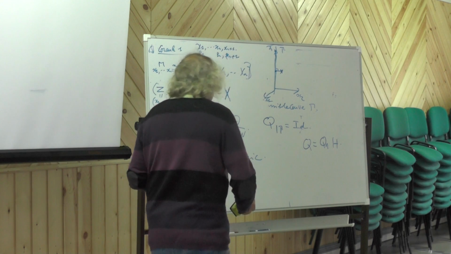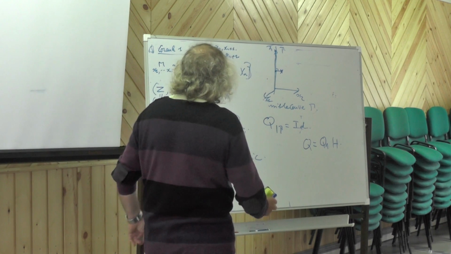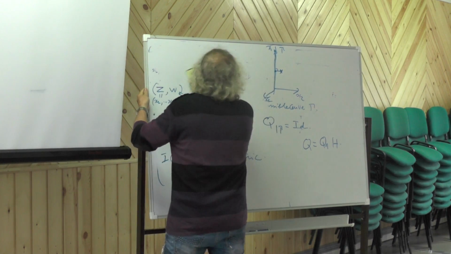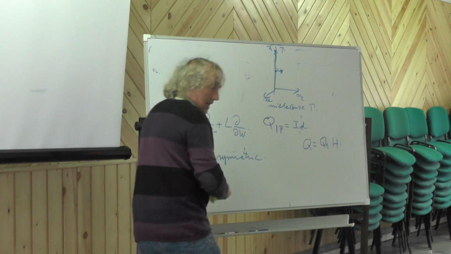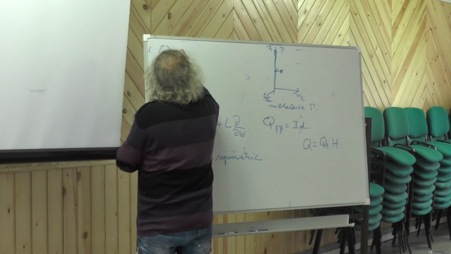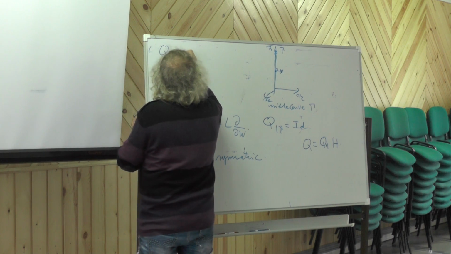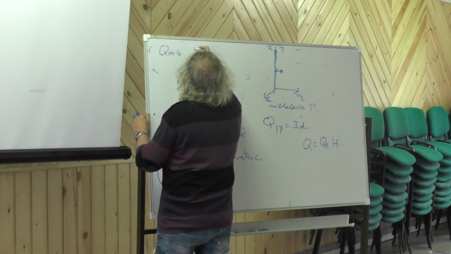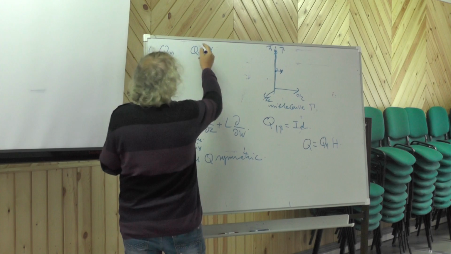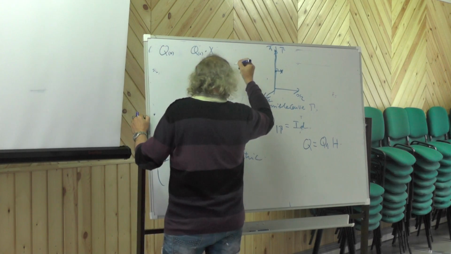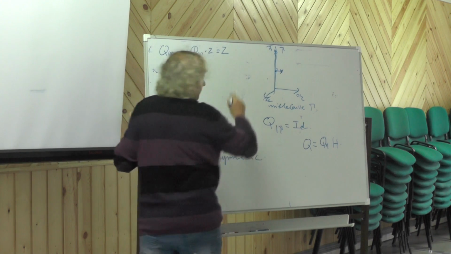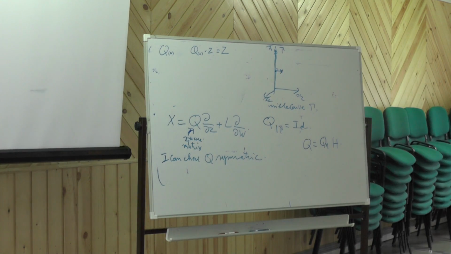I claim that in normal coordinates, the following properties hold. Q is a function of the point x. It satisfies Q of x times x, Q is a symmetric matrix, x is a vector, times z equals z. z is the first n coordinates.